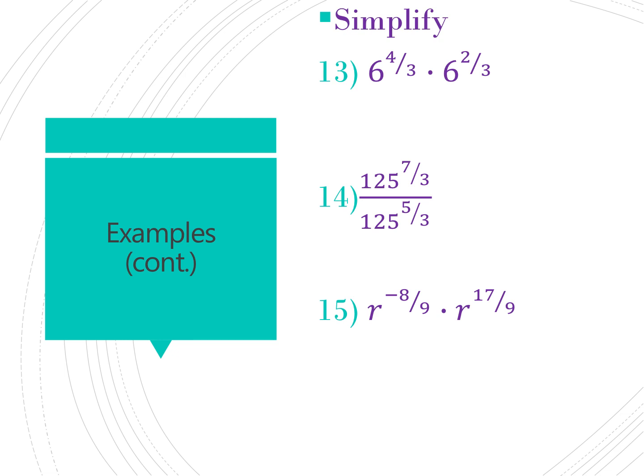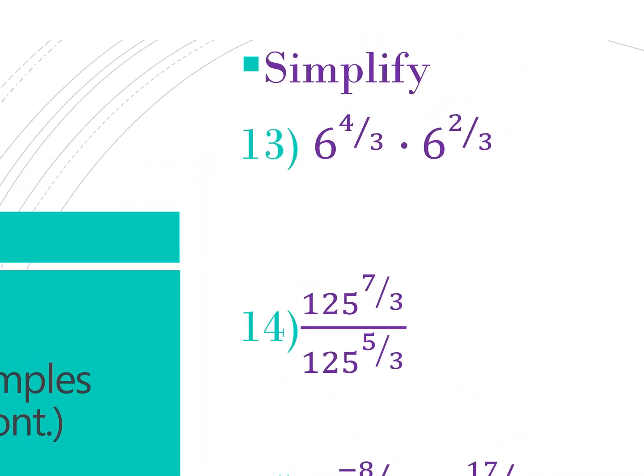Okay, for the next one, you're going to be like, oh my goodness, do I do these separately? Remember, when the rules for multiplying numbers that have the same base, we take those exponents and we're going to add them. So I'm going to keep a base of 6, but then I'm going to take their exponents and I'm going to add them.